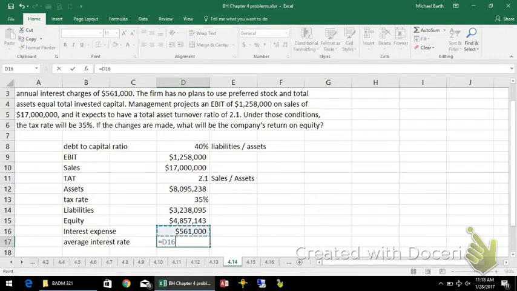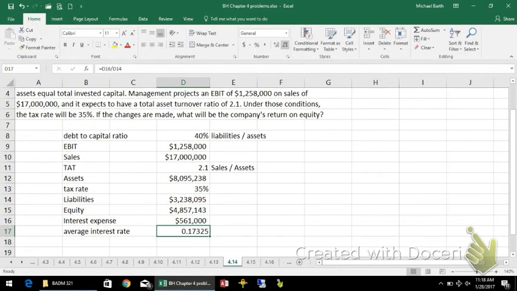If they pay $561,000 on $3 million there, then the average interest rate's about 17%. That's pretty high. All right, but even so, now if the changes are made, we want to know what will be the company's return on equity. What's the ROE is what we're asked to solve for.